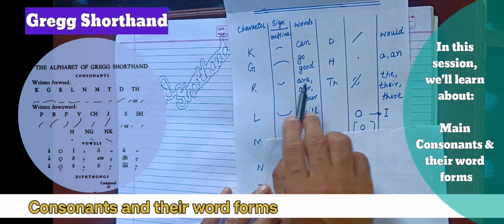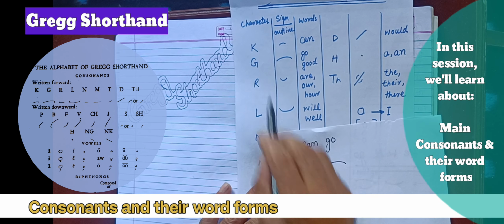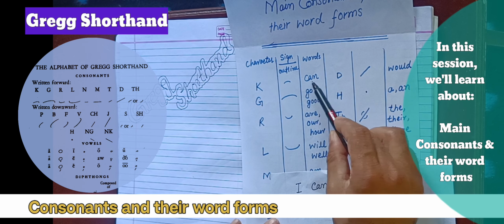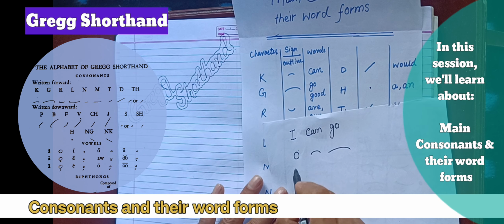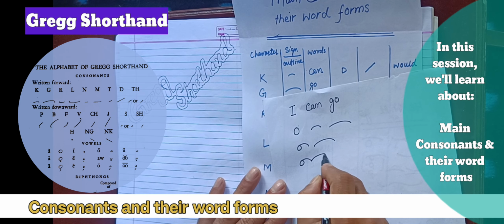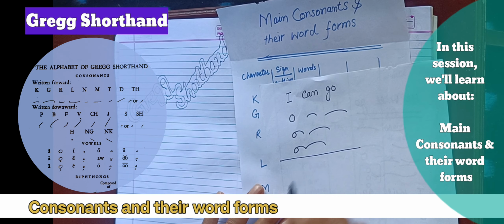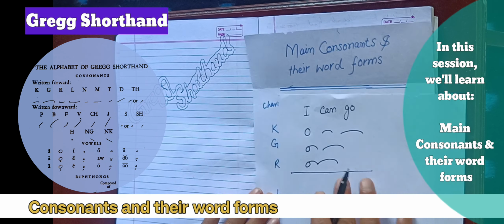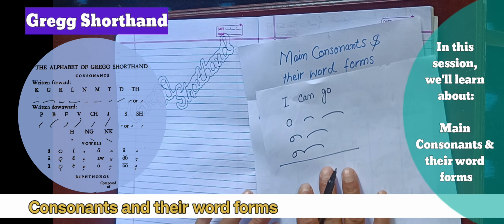Go, how do we write go? Go is longer than this one, right? I can go. If I have to join them together, this becomes like this. I can go. I can also write it like this. As of now, this might sound a little bit tricky, but going forward, this becomes interesting and easy to write.